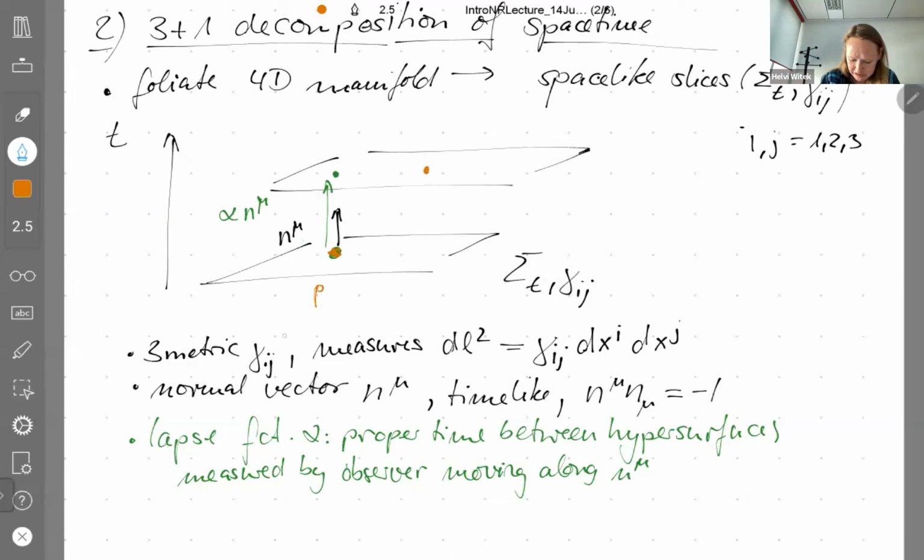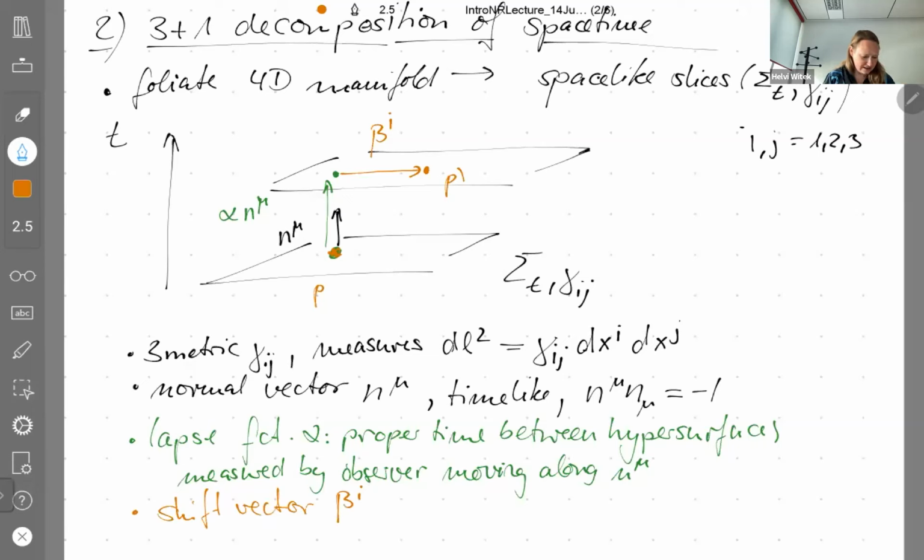So say we have P here on sigma t and some P prime here, then this displacement would be encoded in what we call the shift vector. And this is usually called beta^i. Again, if you're more familiar with the post-Newtonian notation, that would be capital N^i. So here we have the shift vector beta^i.